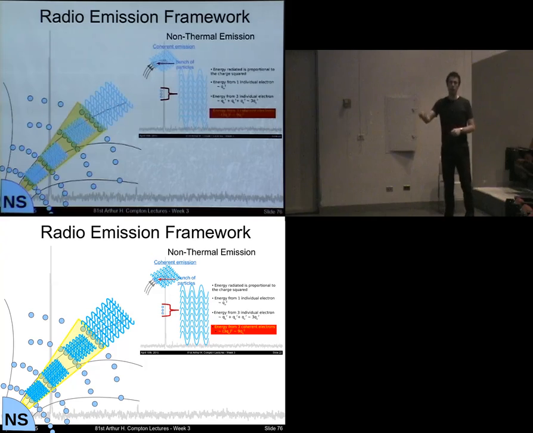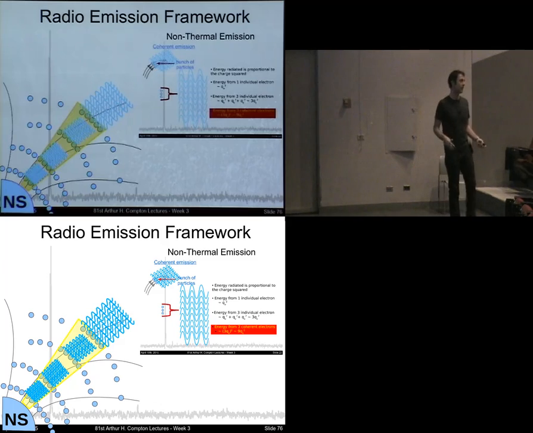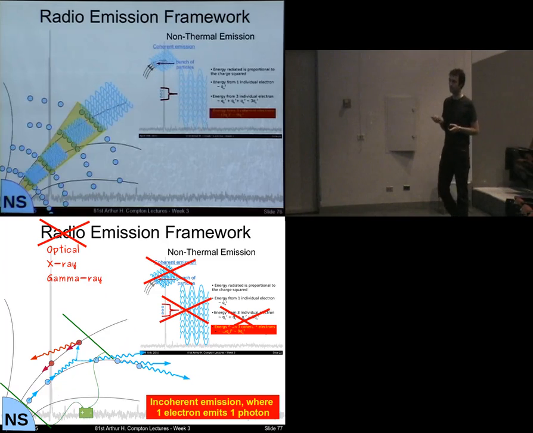One electron shooting off an X-ray photon is good enough; we can see that photon. Radio waves are not very energetic, so you need a lot of them coming at your telescope to see them, and that's why you need coherence to get enough radio photons out of the system. Whereas if you make an X-ray photon, we can see that very easily. So that's why we don't need coherence for the X-ray and optical emission.